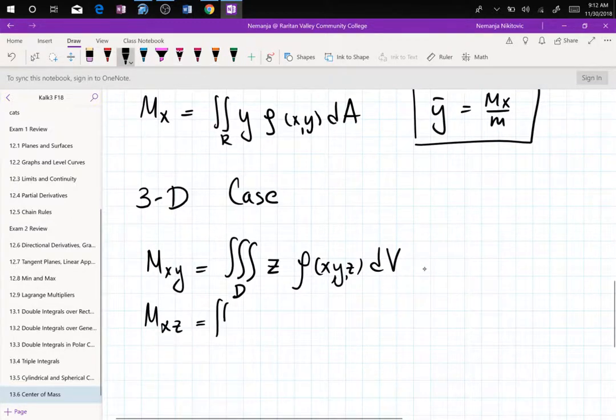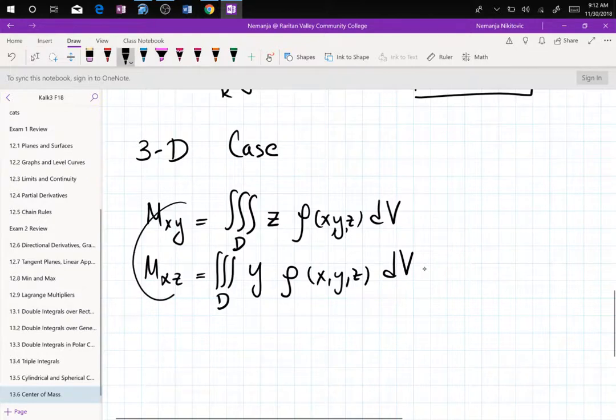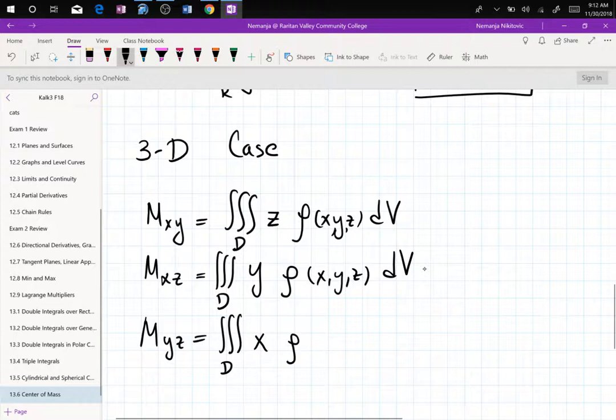Mxz is the triple integral over region D. Which variable do I put here? Y. There we go, you caught on to a pattern already. So always the variable that it's missing in here. And finally, moment of yz, which is what? X.